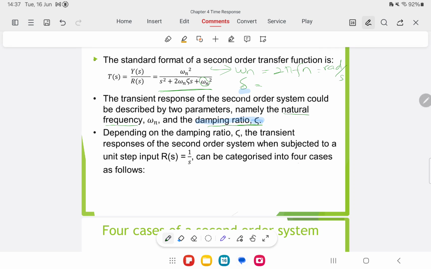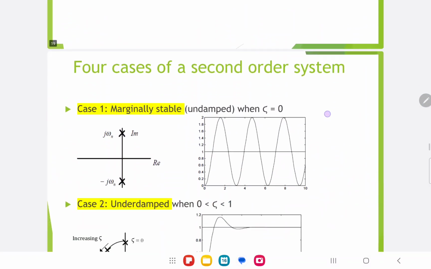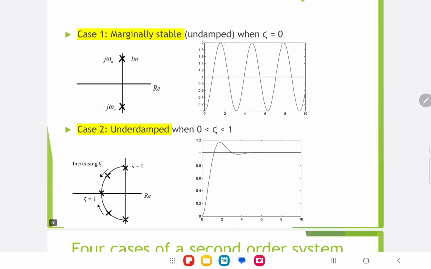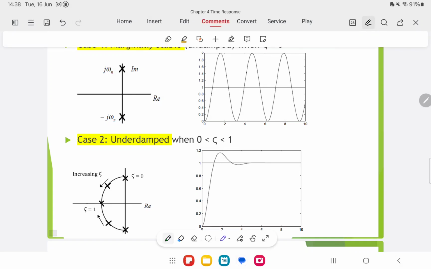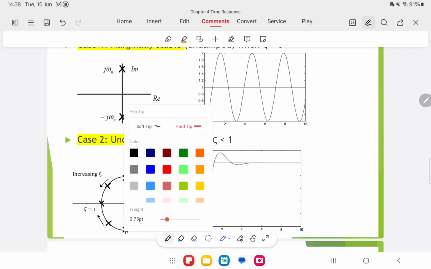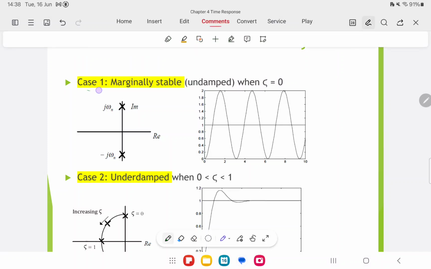Okay, so we can have 4 cases of damping depending on the value we calculate. What are the cases? The first one is marginally stable. The poles sit on the axis, so the value of zeta equals 0.